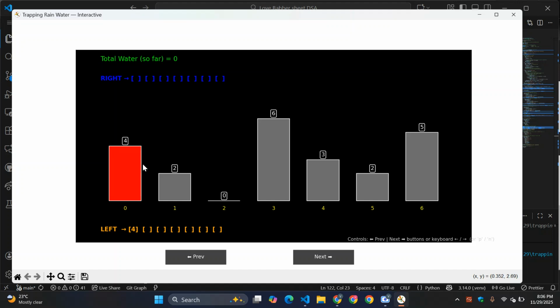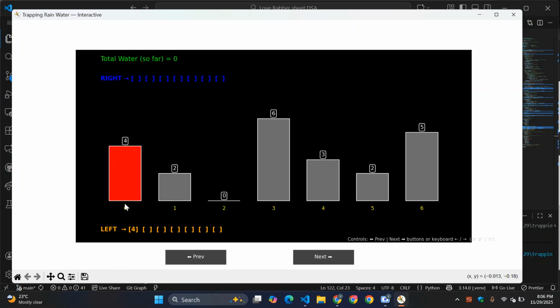Just take the maximum values on the right side and the left side, and from these two maximum values take the minimum, and subtract the height from it. The minimum is 4, so 4 minus 2 is 2, and 4 minus 0 is 4. So you add 2 and 4, and the value is 6. Six units of water are stored in between these first four indexes. You just do it that way.